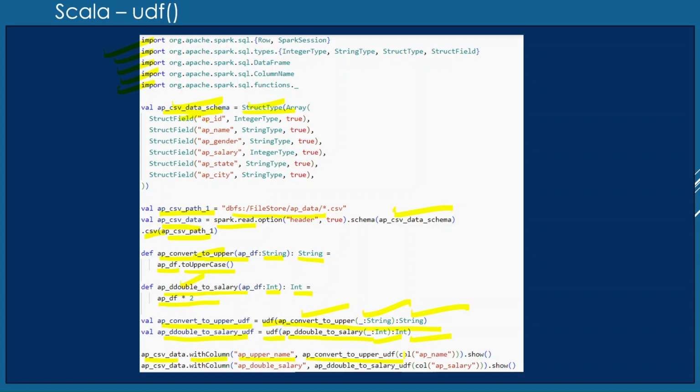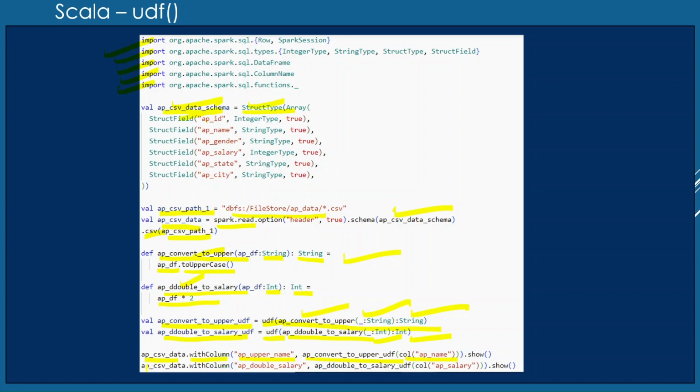And what will the function take? It will take the string. So all the strings present in the column AP underscore name will be supplied to this function, and each text will be converted into uppercase.